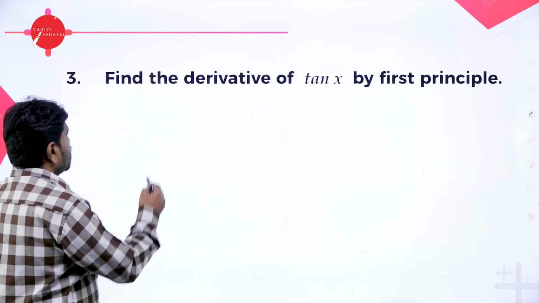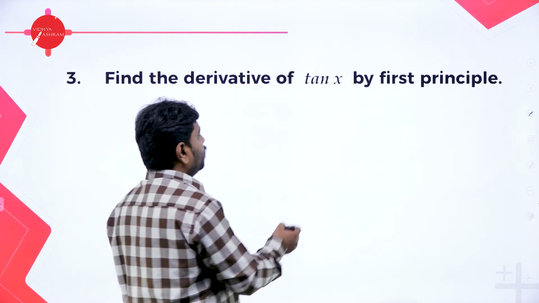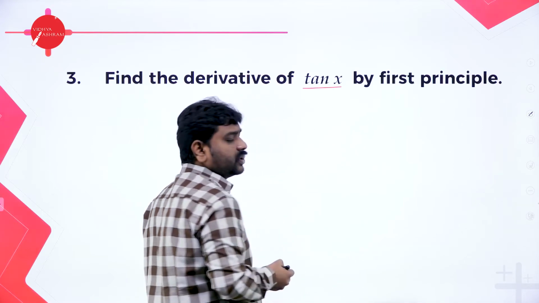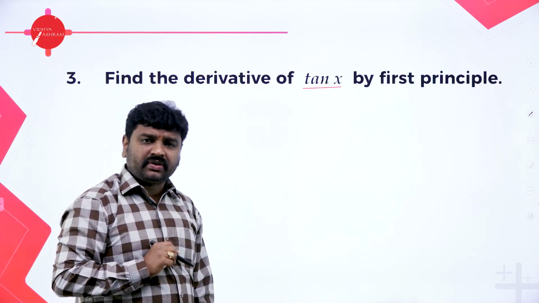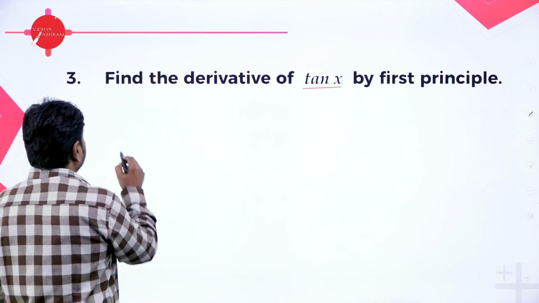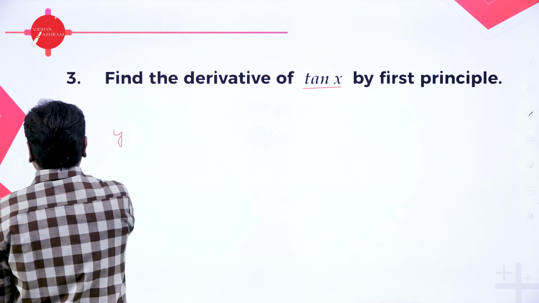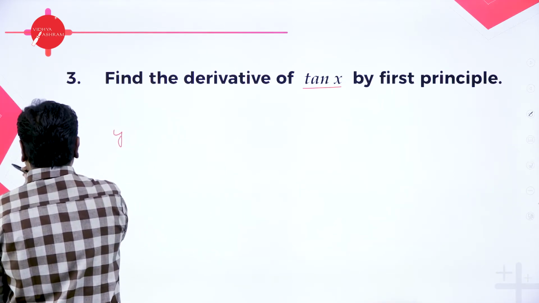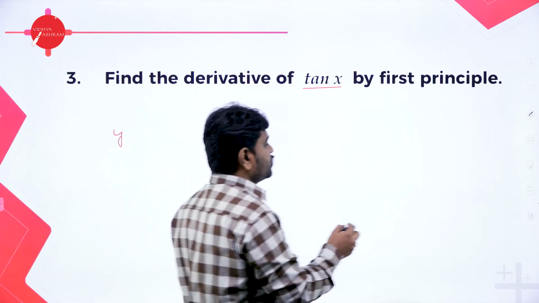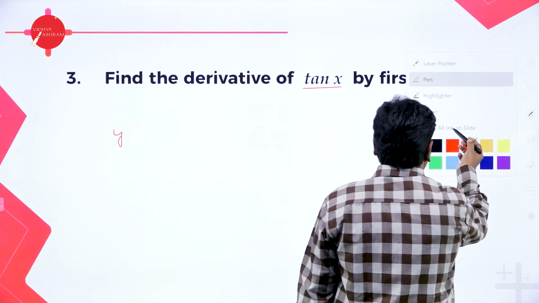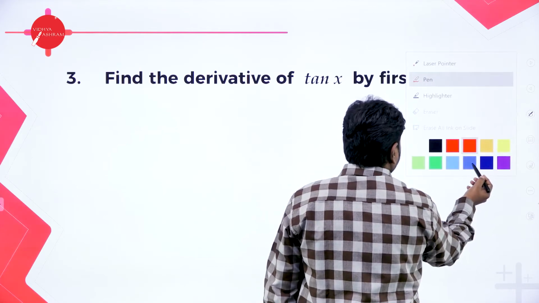Then find the derivative of tan x by first principles. So now we need to differentiate tan x by what? First principles. So how to do that? We will take y is equal to tan x, or f of x is equal to tan x. So here first, as usual, let me give you the basics required.